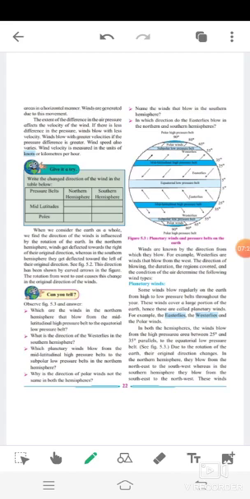In both hemispheres, the winds that blow from the mid latitudinal high pressure belt between 25° and 35° parallels to the equatorial low pressure belts between 0° and 5° parallels are the easterlies.